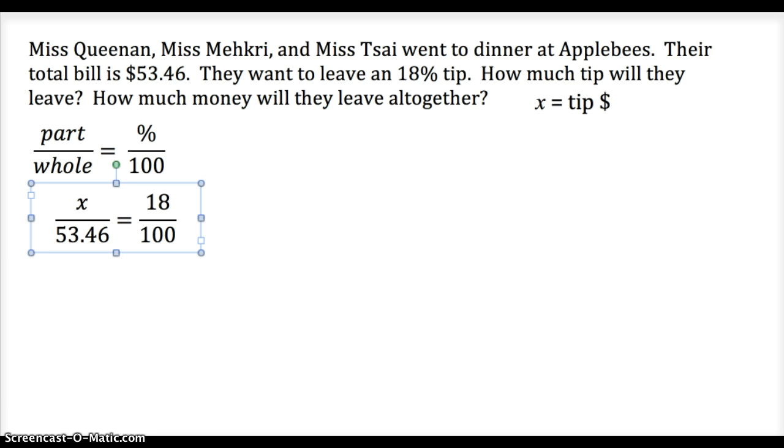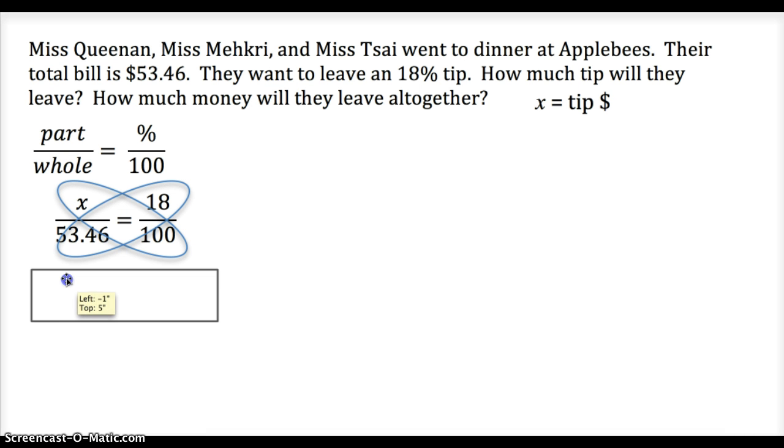Then, just like Ms. Meckery said before, we cross multiply. So we get x times 100, which is 100x, and now we have to calculate 53.46 times 18. In this case, I would advise you to use a calculator, and when you do that, you get 962.28.